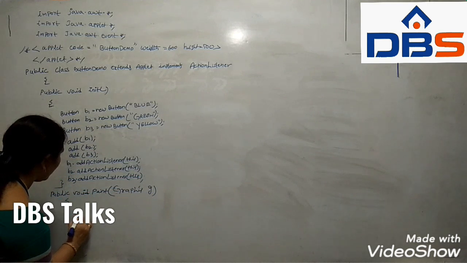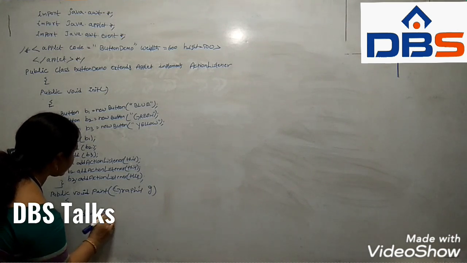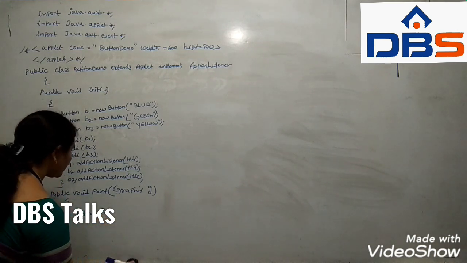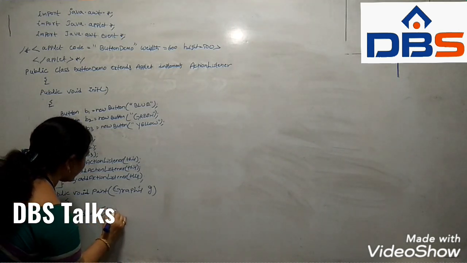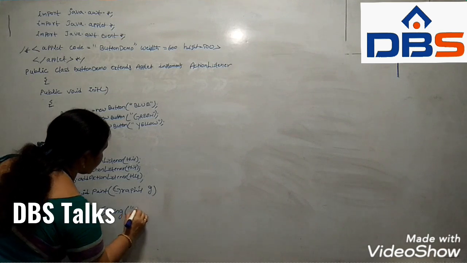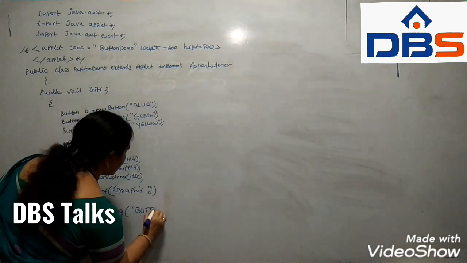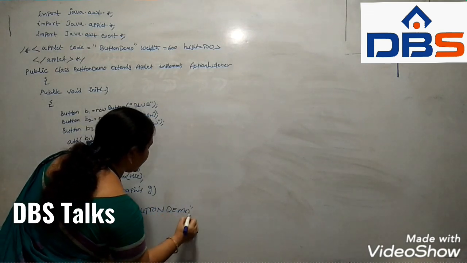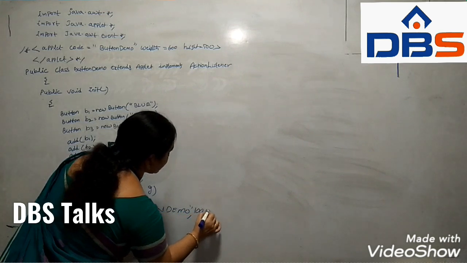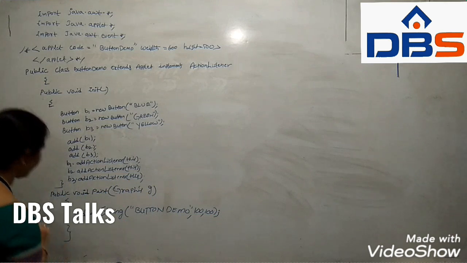Then we write g.drawString, not background, drawString, with the text ButtonDemo. Then we give the parameters here and close this method.